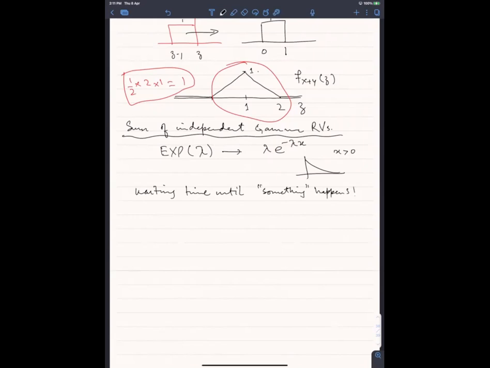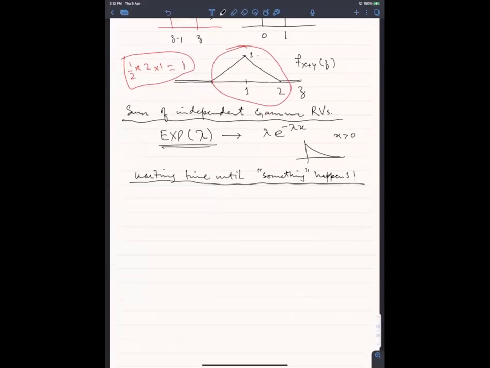This could be the arrival of a data packet at a computer network, the arrival of a customer at a bank, the next earthquake, or the lifetime of a light bulb. Many different examples can be modeled as the waiting time until an event of interest happens, using an exponential distribution.